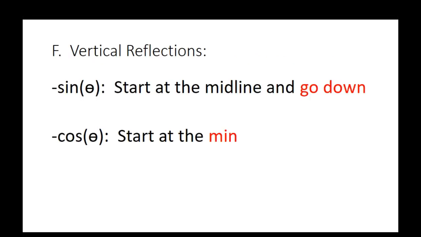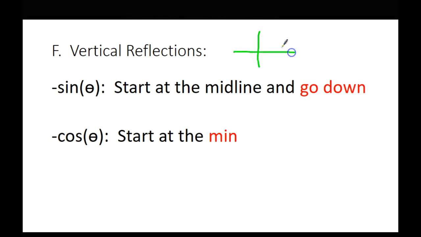You guys remember vertical reflections, right? It just flips the graph. So if sine usually starts at the midline and goes up, if I were to flip that upside down, it would start at the midline and go down, right? So when you have a negative amplitude, you start at the midline and go down. Now for cosine, cosine usually starts at the max, right?